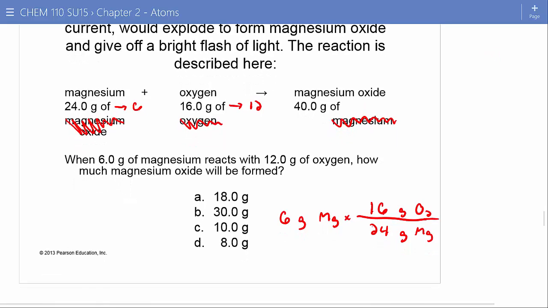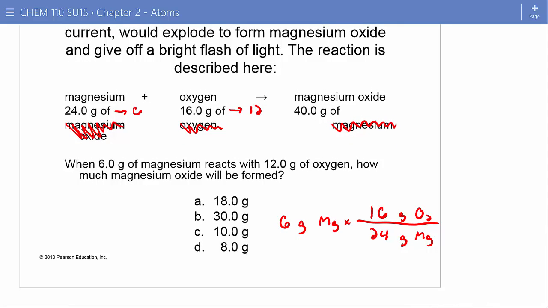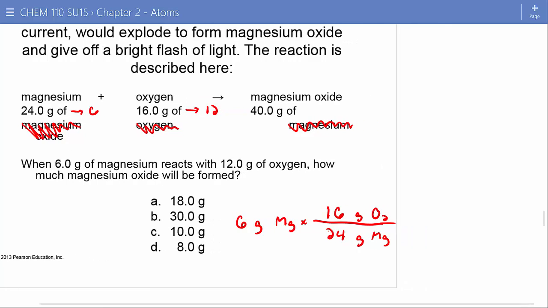Wait a second, did I screw something up here? So 6 grams of magnesium. Okay, so this gives us four grams of oxygen.